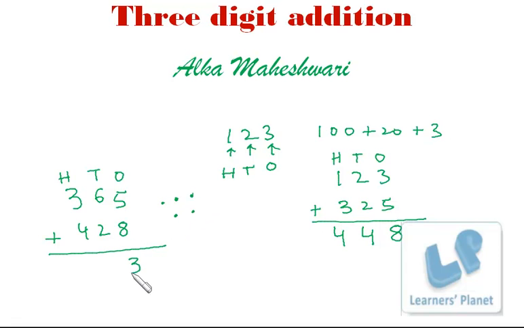So 8 and 5 is 13. Write 3, 1 should be carried. Then 6 7 8 and this one 9. Then 3 and 4. 4 is in your mind, 5 6 7. So it is 793.